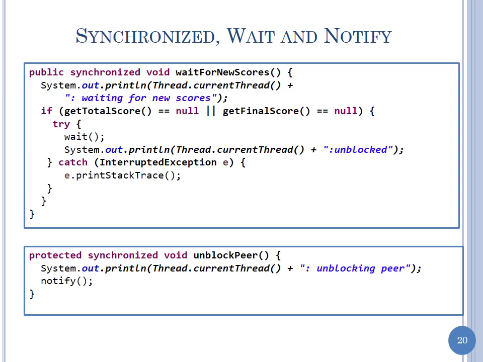Okay, and in wait for new scores, is there some shared variable that we are accessing? Is there some global variable we're accessing? Any global variable is shareable. You don't see it directly, but what is the condition for waiting?